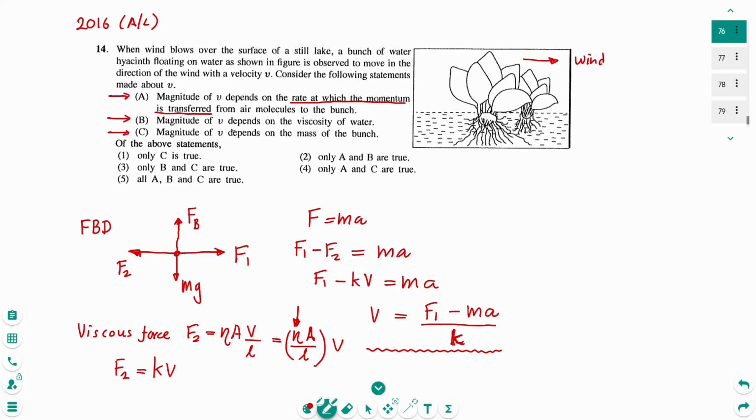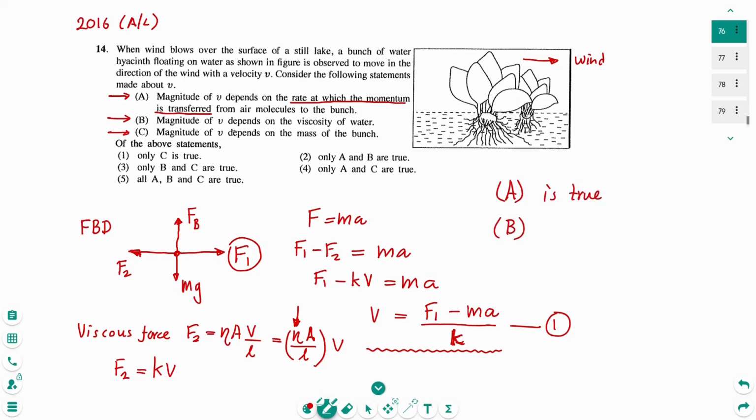So magnitude V depends on the force due to the molecules, and that's F1. So yes, magnitude of V depends on the rate at which the momentum is transferred from air molecules to the bunch, and that statement is correct according to our equation number 1. So A is true.